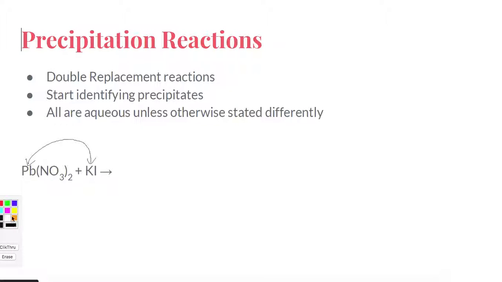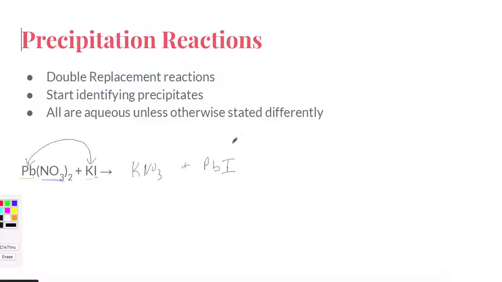I have lead here, I have potassium there, and on the other side I have my nitrate and I have my iodine. And so those are the two parts, the cation and the anion, and the cation is what gets swapped, so we end up over here with KNO3 and PbI.